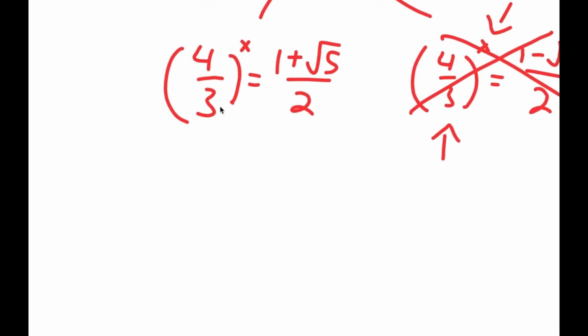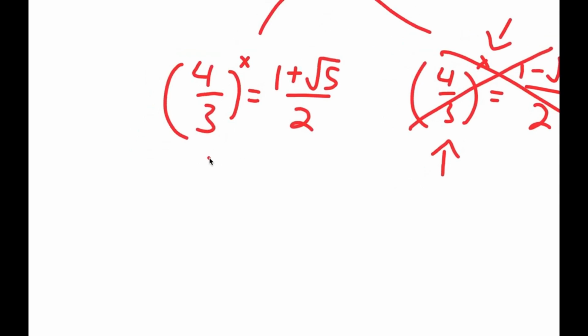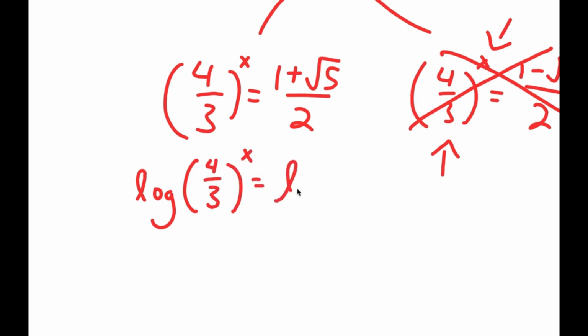So, to solve this equation, what I'm going to do is start by taking the log on both sides. So I get log of (4/3)^x is equal to log of (1 + √5)/2.